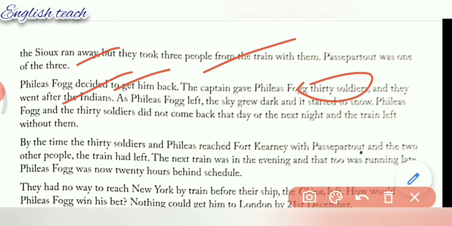As Fogg left, the sky grew dark and it started to snow. Phileas Fogg and the 30 soldiers did not come back that day, or the next night, and the train left without them. So he was beyond the time, beyond the planning.